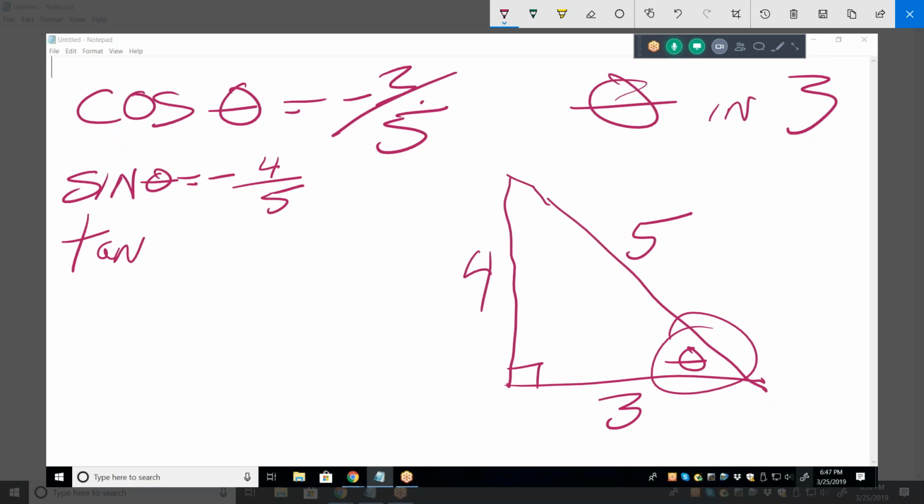Tangent of theta. 3/4. No, 4/3. And its plus or minus sign? It's positive. Now the other three, we don't really need the triangle, do we?